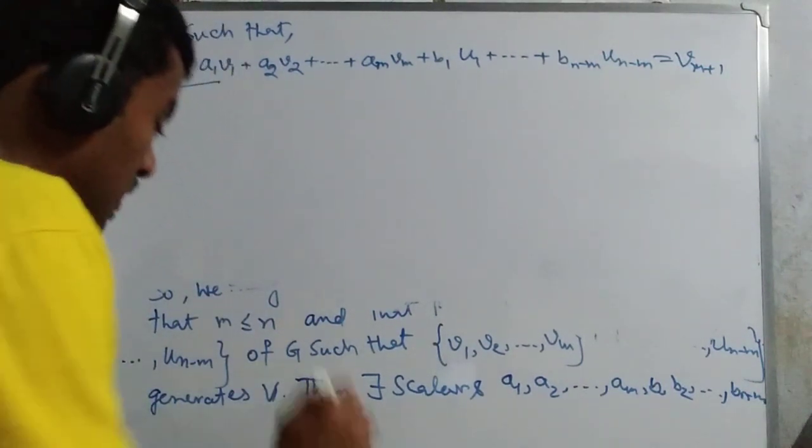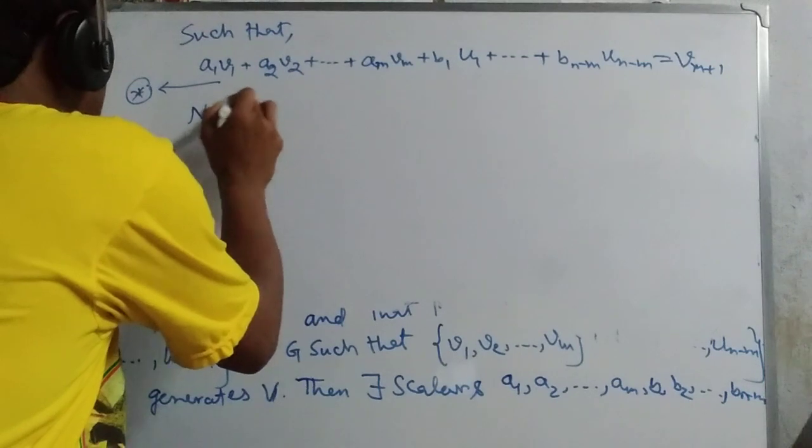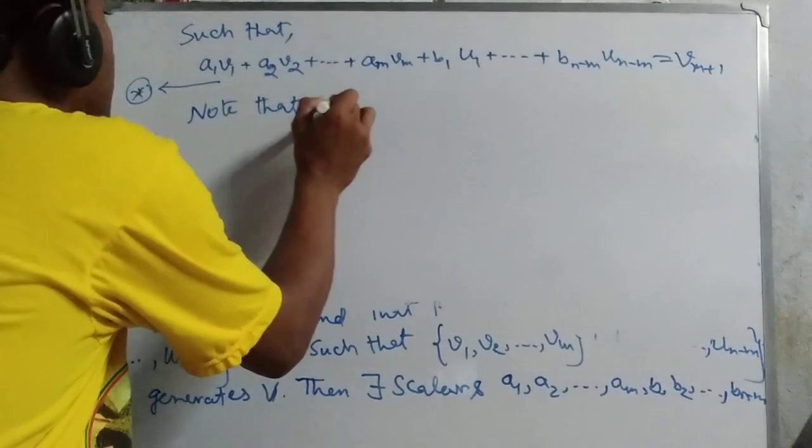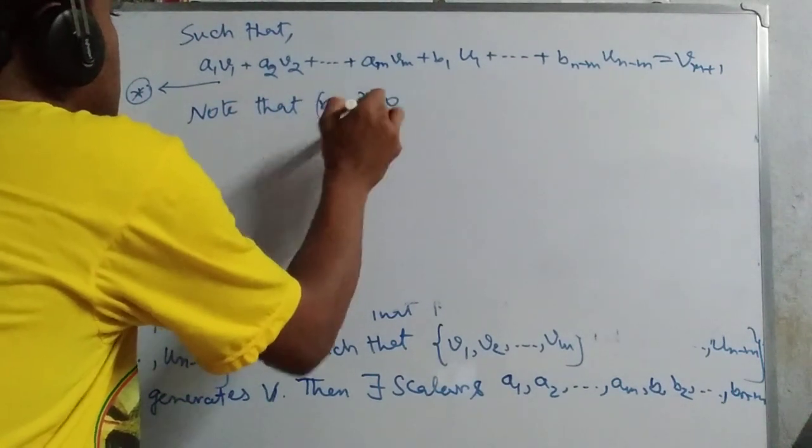Then note that n minus m is greater than 0.